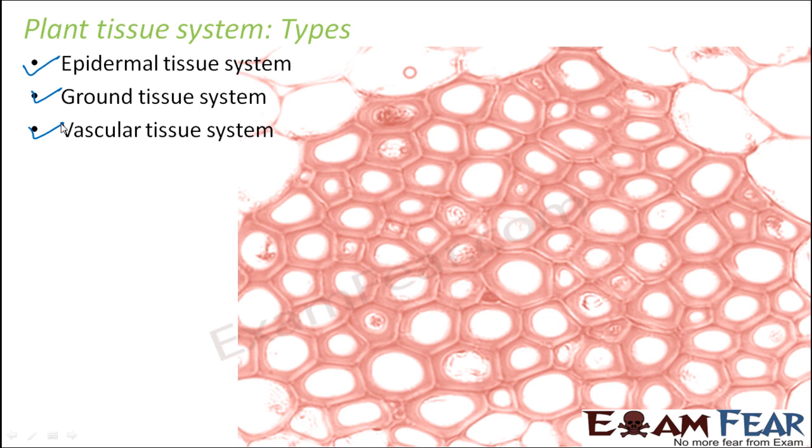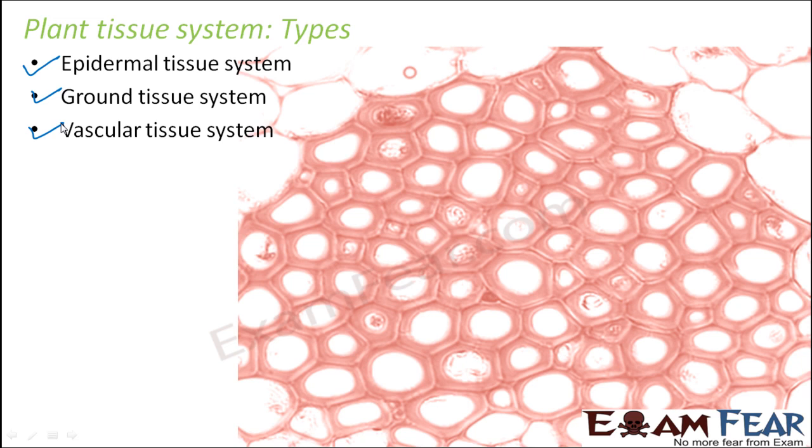Since there are many different types of tissues, like simple tissue, complex tissue, and again parenchyma, collenchyma, sclerenchyma, xylem, phloem, vascular bundle, so many things are there, right? To make things more convenient, three tissue systems were created on a very broad level: epidermal tissue system, ground tissue system, and vascular tissue system. Epidermal tissue system will only talk about the epidermis, that is the outer layer.